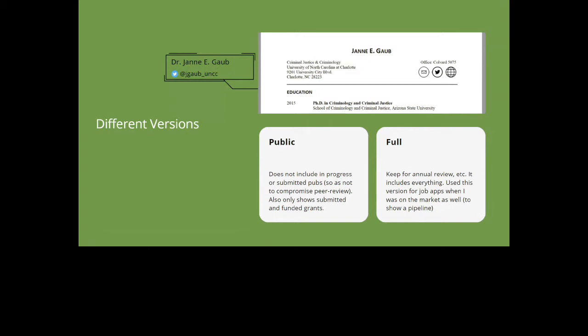So this is not to say that is the practice you should follow, but I think what's important here is that Dr. Gaub defines for herself what goes into a public CV and also a full CV. And so the full CV, this is something they use for annual reviews, and this is something they keep everything in. So kind of that personal document that I had mentioned before.